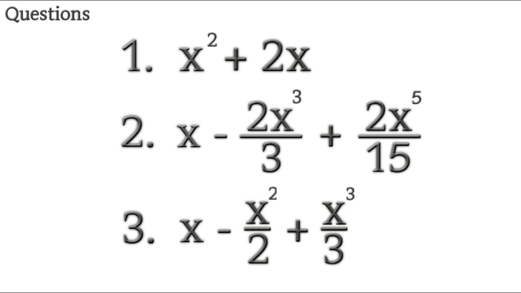So question 1, again, take it with a pinch of salt. It is already a polynomial expression, so there's no meaning to the Maclaurin series of it. So basically that's the same as the question. Question 2, 2 different ways.